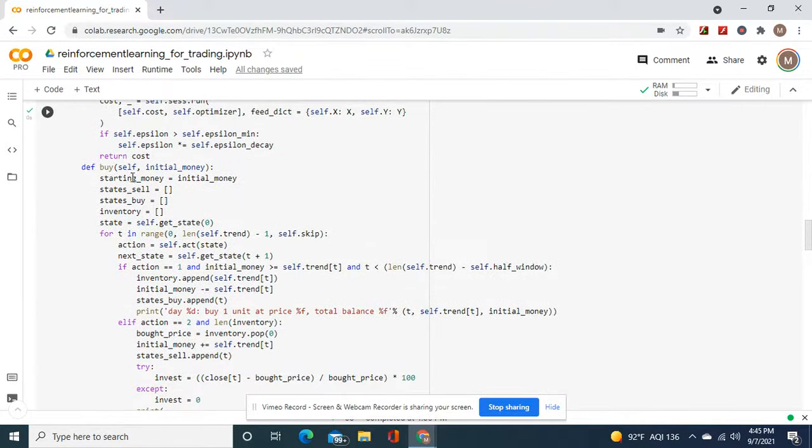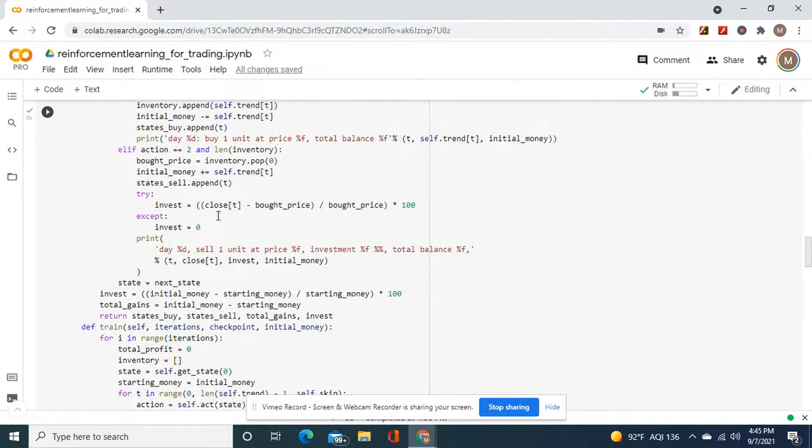Now here we are for the buy. Okay, put the range -1 to 1. And then if action equals 1, initial money, and then self.trend initial money. If it equals 2, and then now here's where we go.